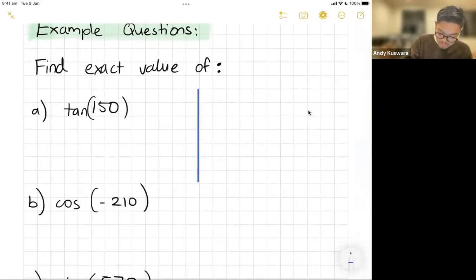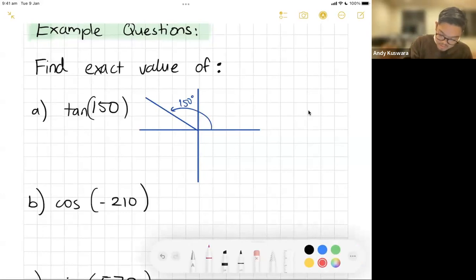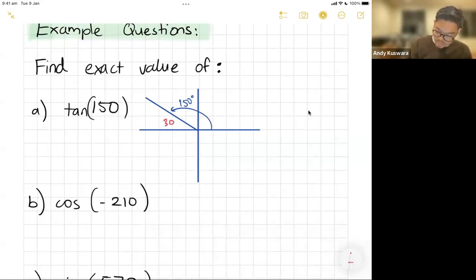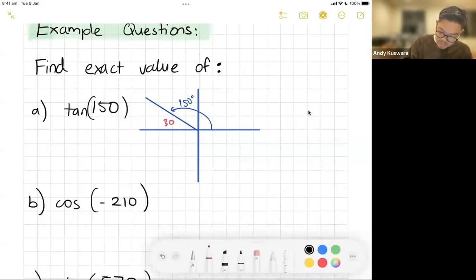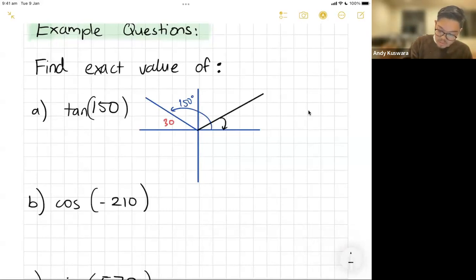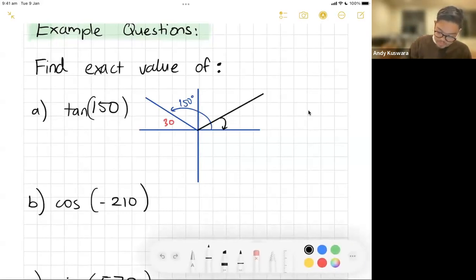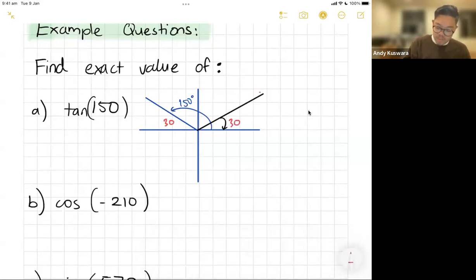So tan 150 is actually going to be down this way because that's 150 degrees, correct? Now, what I want to figure out here is this is actually 30. And so it's very similar. It's going to equal the same thing as if it was tan 30.